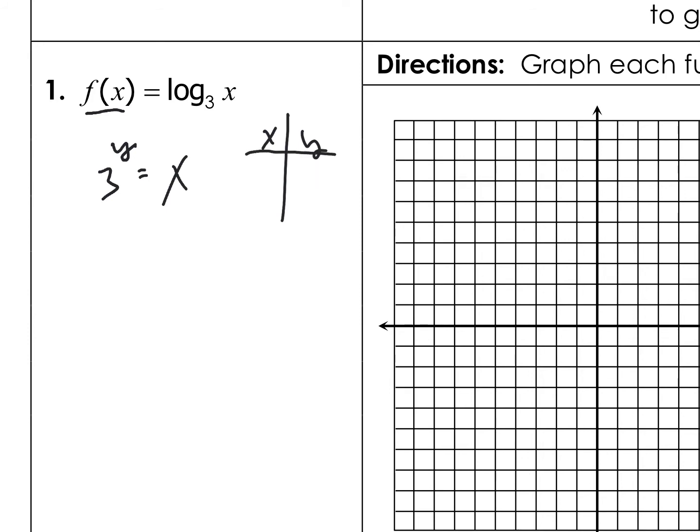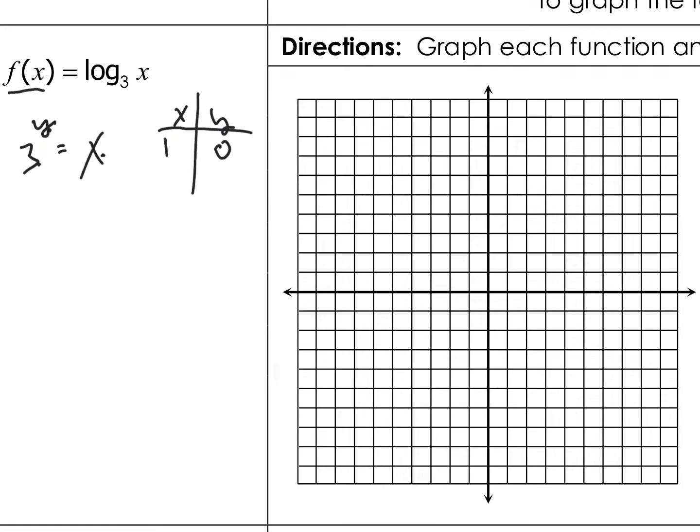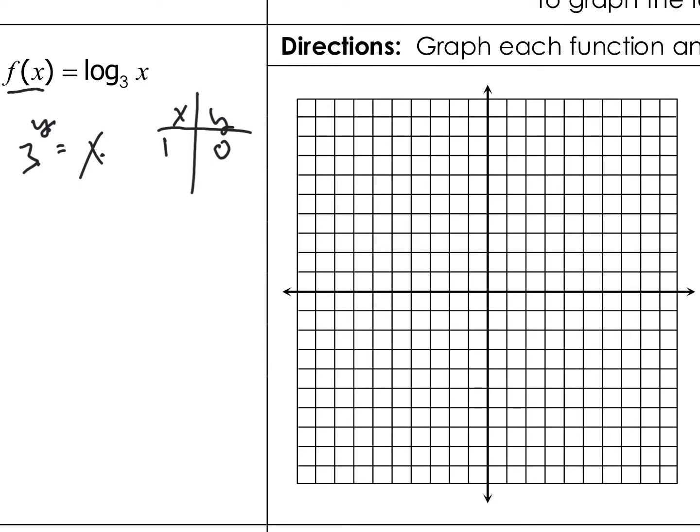I don't think I'm going to do it this way very often, just do it one time. If y was a 0, then the x is 3 to the 0 is 1. So I know 1, 0 has to be a point. Well, I showed you that a minute ago. That would be definitely a point.